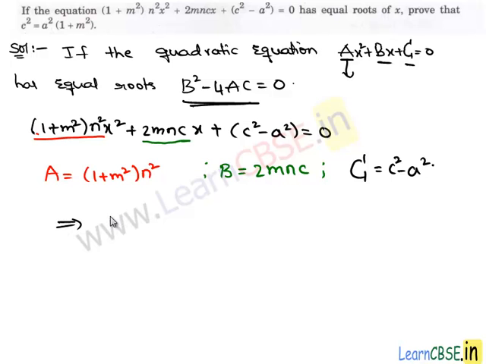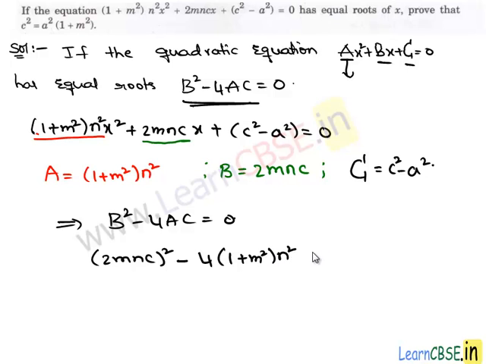Then we have (2mnc)² − 4(1 + m²)n²(c² − a²) = 0. Let us transpose this whole term to the right-hand side.